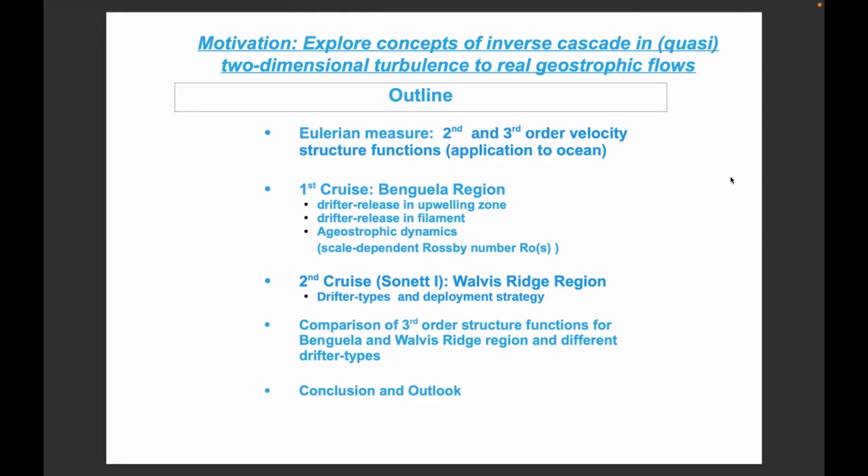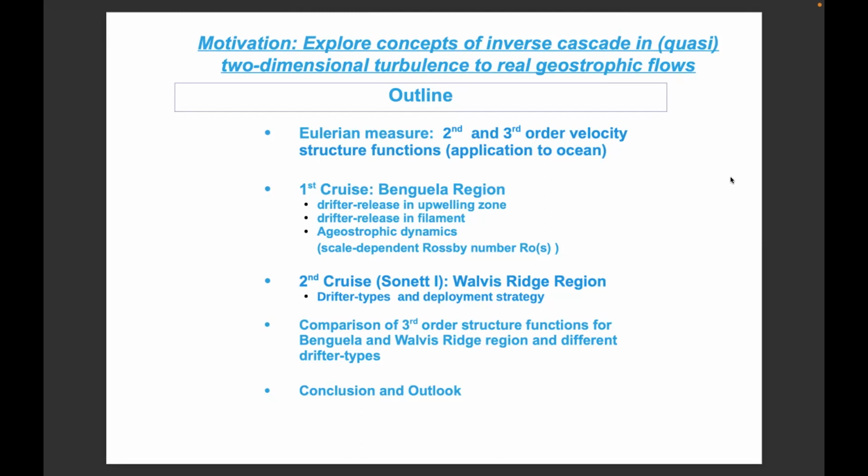There are numerics and laboratory works that show the corresponding spectra, but for real flows in oceanography, that is not so simple. Our motivation is to explore the concepts of inverse cascades in quasi 2-dimensional turbulence for real geostrophic flows.